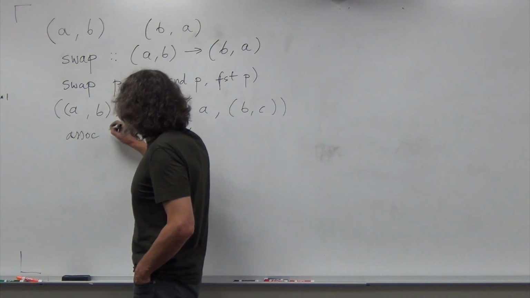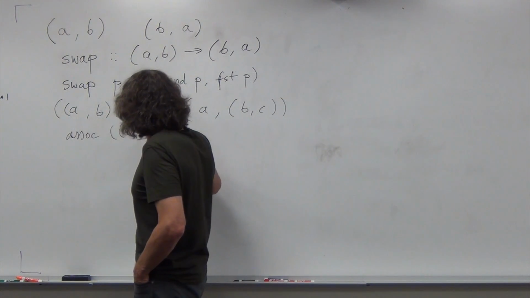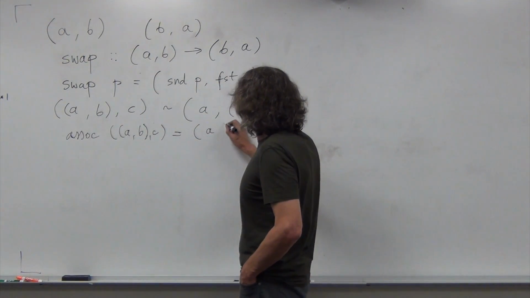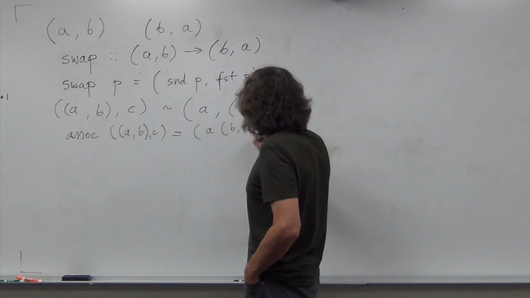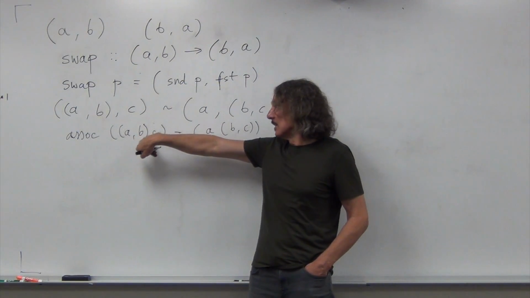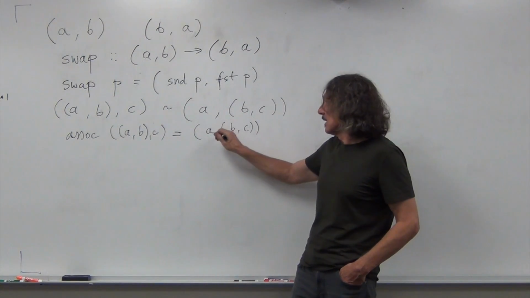So it will just take A, B, C. I can pattern match it, right? And then I return a pair of A, B, C. I'm pattern matching to extract A, B, and C, and then I can rearrange and pair B with C and then pair it with A.